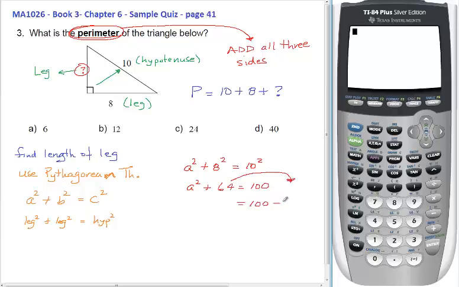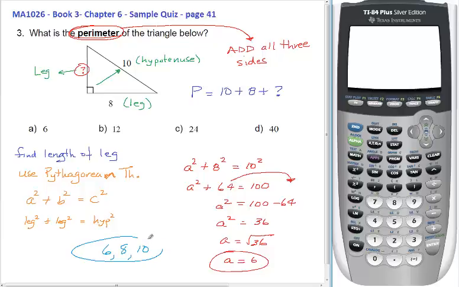Subtract 64 from both sides, and you're only left with A squared on this side. So A squared is equal to 36. Therefore A is the square root of 36, so A is equal to 6. And some of you already knew that, because 6, 8, 10 is a very common right triangle.